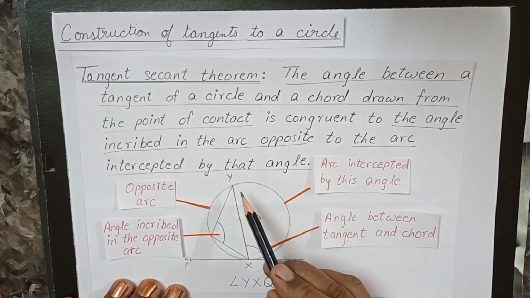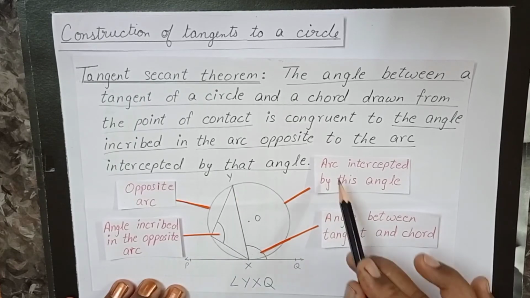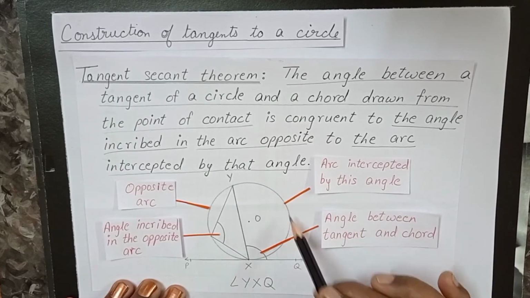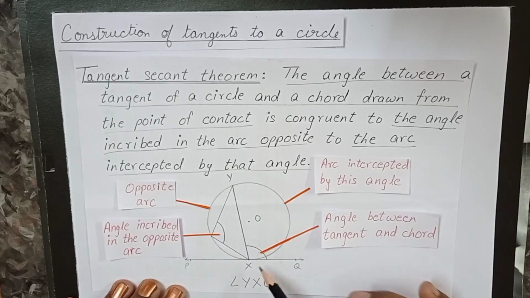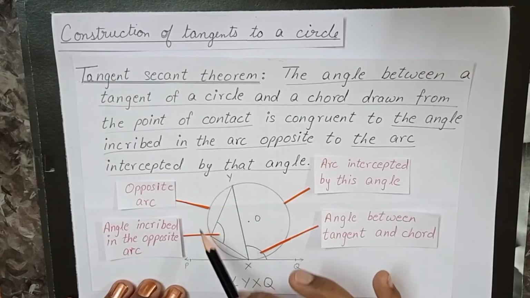Fine. Now this is the arc which is intercepted by this angle. So the arc intercepted by this angle is this arc. Okay, we have to see the arc which is opposite to this. Which is opposite to it is the remaining arc, which is this one.